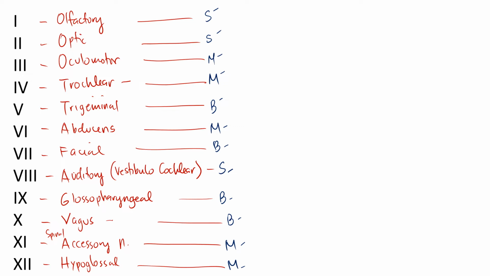Okay, so with that done, let's go to a brief rundown of their functions. Number 1 is your olfactory. Basically, it has to do with the sense of smell. Smell is also slightly related to your sense of taste, so these two go together.